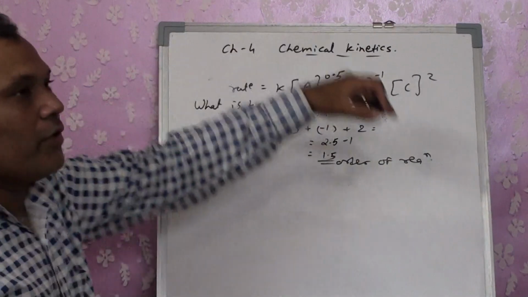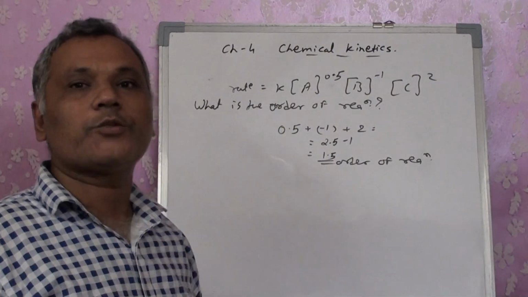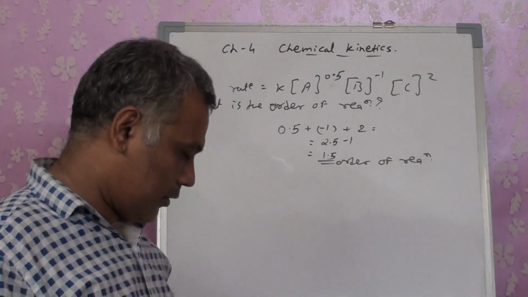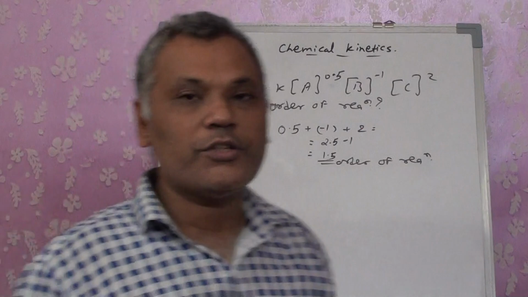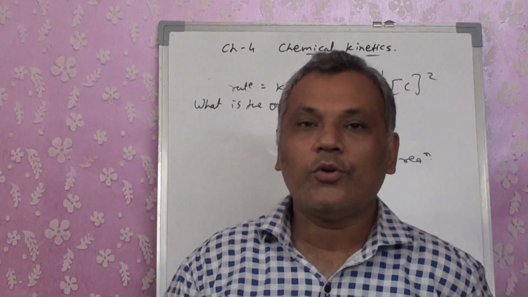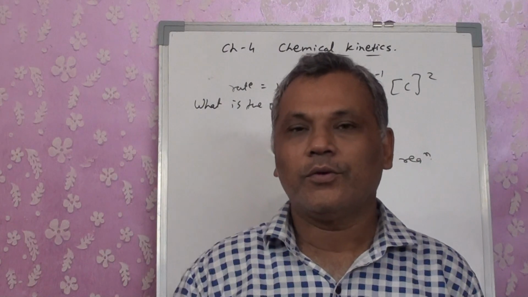So when it is given this way, the sum of the exponents is the net order of reaction. So straight away, this way the question will be there for you to calculate the order of reaction. But for an unknown reaction, what is the order? That won't be there.